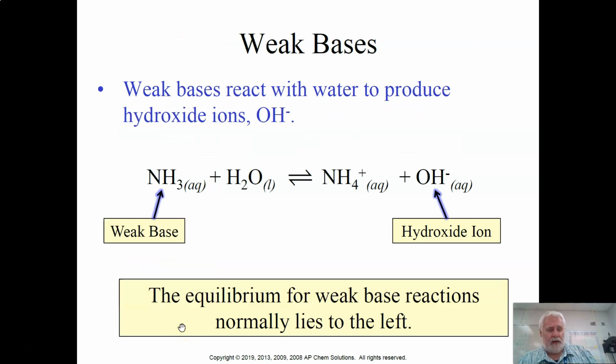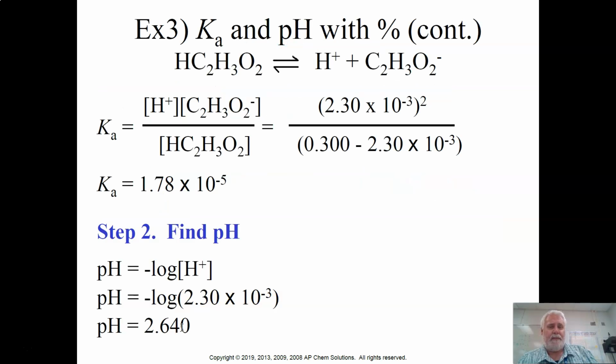So you're kind of working the problem backwards to give the Ka and then the pH eventually. Okay, so that's kind of just a little different twist on those same problems.